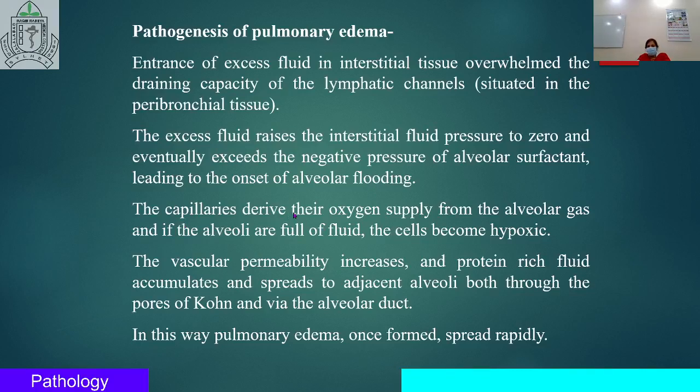The capillaries become deprived of their oxygen supply. As the alveoli are full of fluid instead of air, the cells become hypoxic. The vascular permeability increases and protein-rich fluid accumulates and spreads into the adjacent alveoli. Ultimately, there is pulmonary edema.